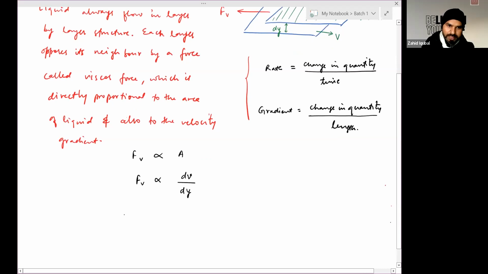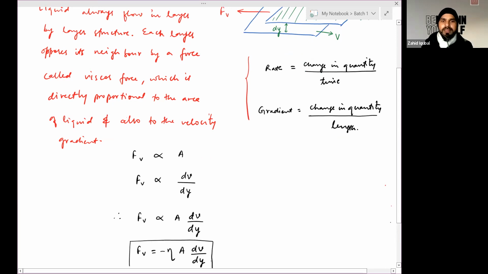On combining these two, you get viscous force proportional to A times dv by dy. Replacing the proportionality sign by a constant term, viscous force equals eta A dv by dy, with a negative sign since viscous force is opposing in nature.